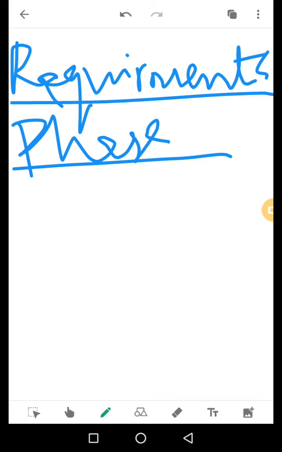Are you getting it now? So we are going to look at requirements management. When we say requirement management, it is the all-inclusive process that includes all aspects of software requirements analysis and also ensures verification, validation and traceability of requirements.